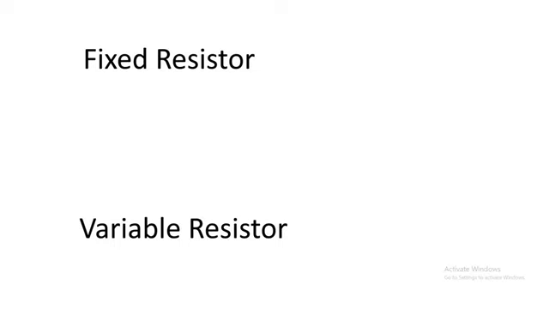How many types of resistor are there, and what is the function of each type of resistor? There are mainly two types of resistor: fixed resistor and variable resistor. The fixed resistor is a resistor where, when you put it on the circuit board, you are not able to change the value of this resistor.